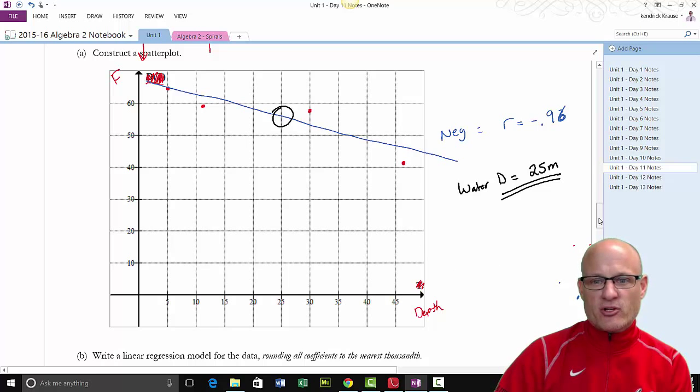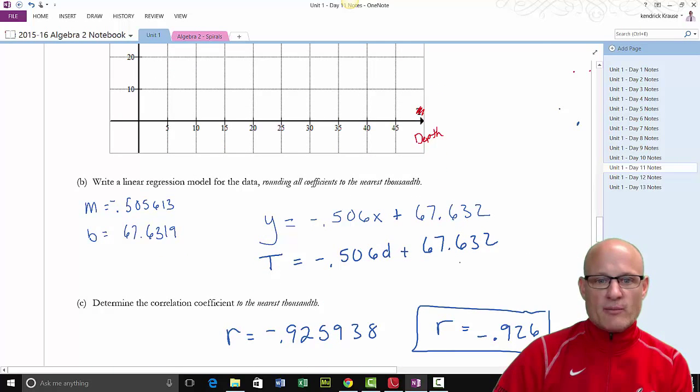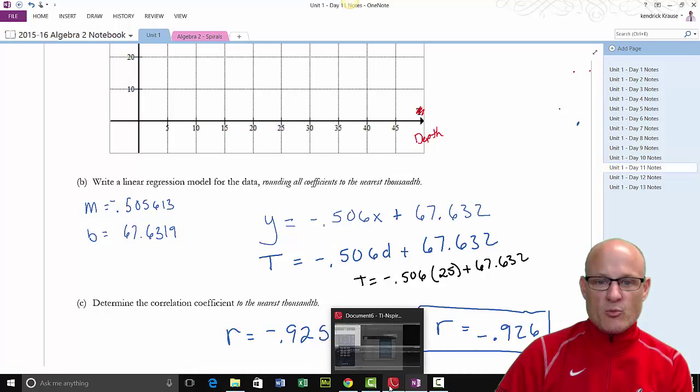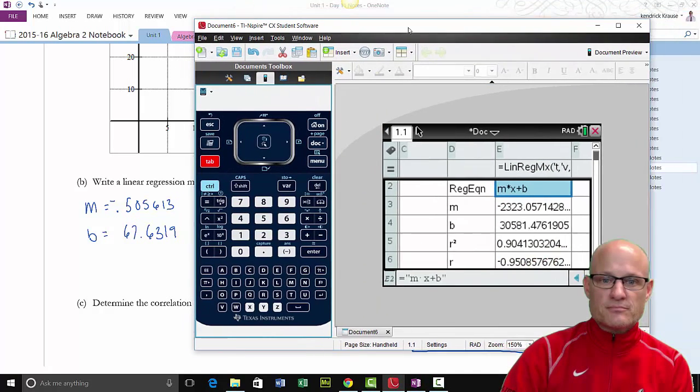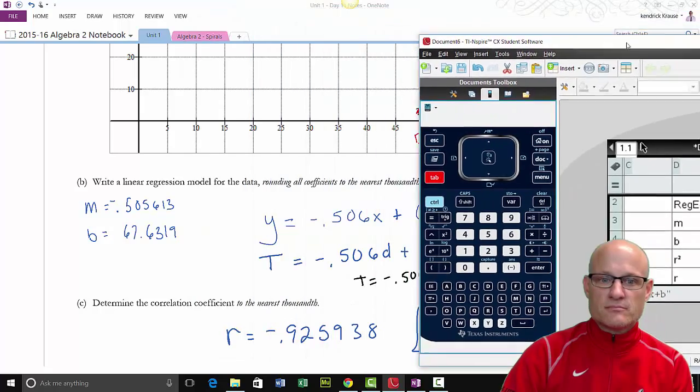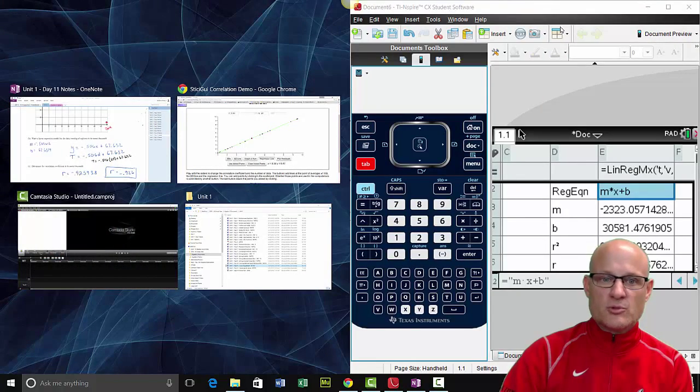But I have a linear regression equation, so I'm going to plug in that depth. Temperature equals negative 0.506 times 25 meters, plus 67.632. So this should turn out to be approximately, let's go to our calculator. Oops, well, what happened there?